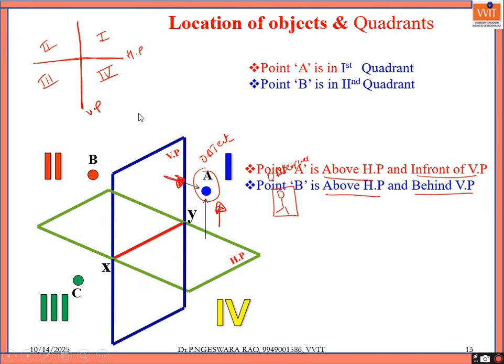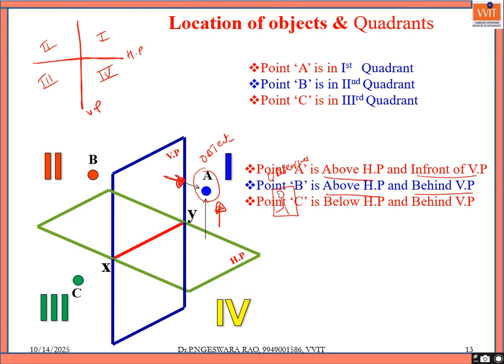Next, the object C is below HP and behind VP. Whenever the object is below HP and behind VP, it will be in the third quadrant.